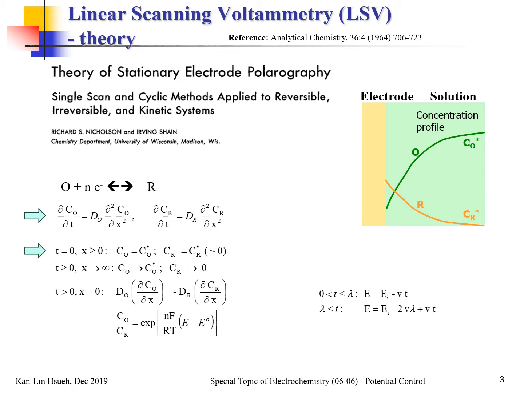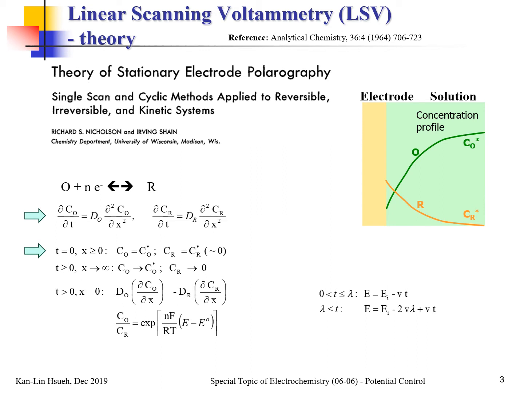That means at the beginning, before the electrochemical reaction takes place, the R may be close to 0, as there is no R species inside the solution.